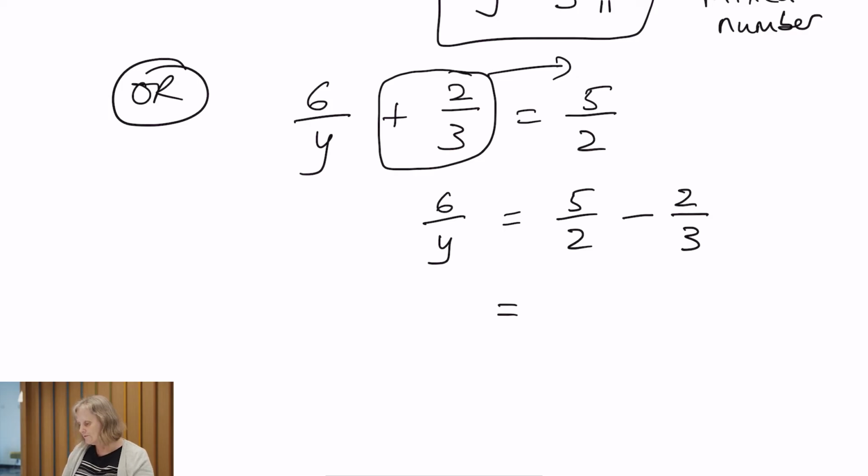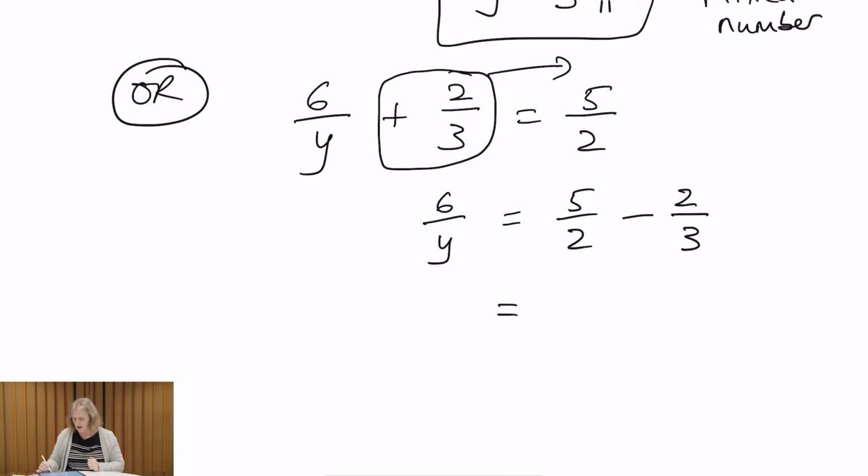Now we've put all our like terms on the right-hand side, the two fractions. Now we have to do that subtraction of fractions. The easiest way, from my previous video where we looked at adding and subtracting fractions, is to change these into fractions with the same denominator. So we've got to look for the lowest common denominator.